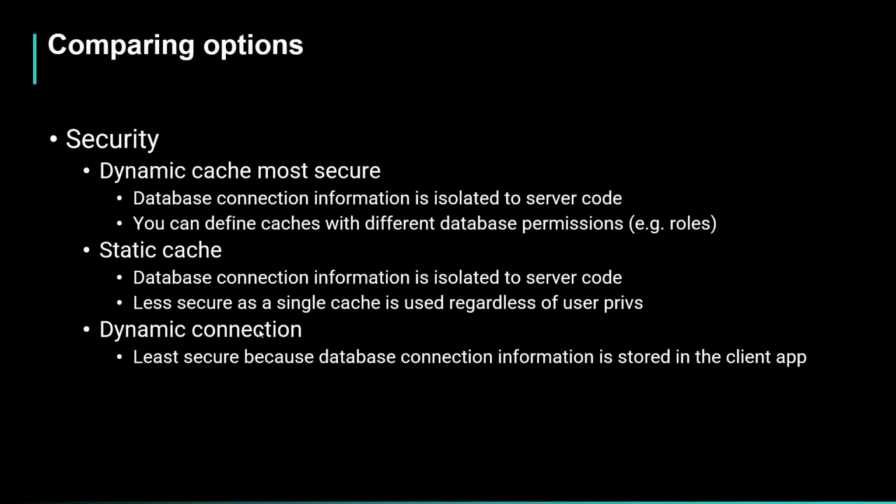So it's possible that if somebody can intercept those calls, they can read that connection information from the client. Or you've also got INI files that you may have the connection information in as well. So it's only as secure as your least secure client.